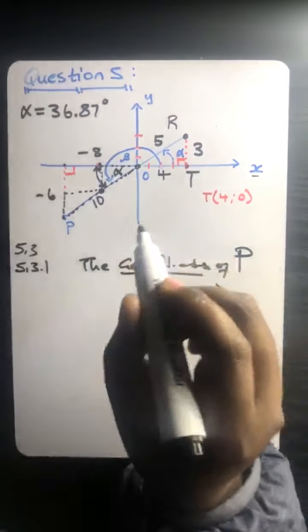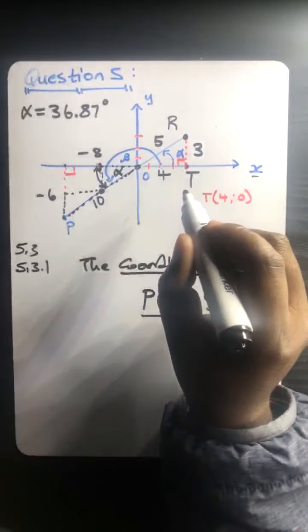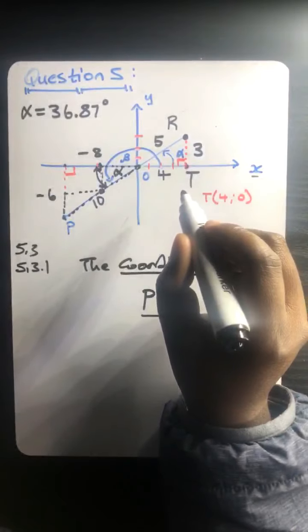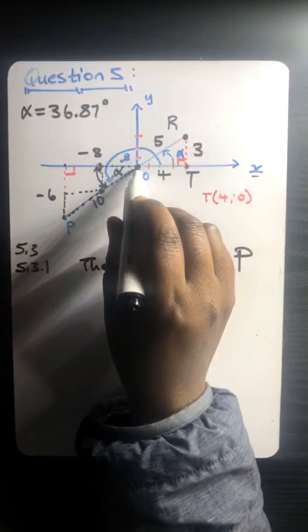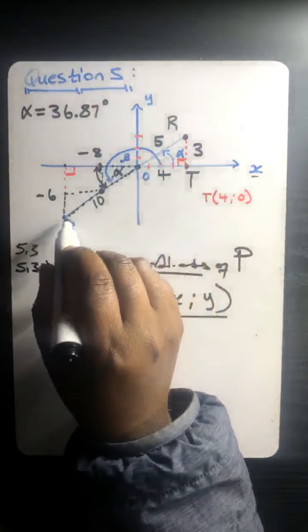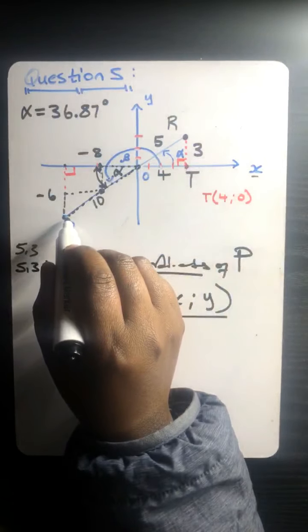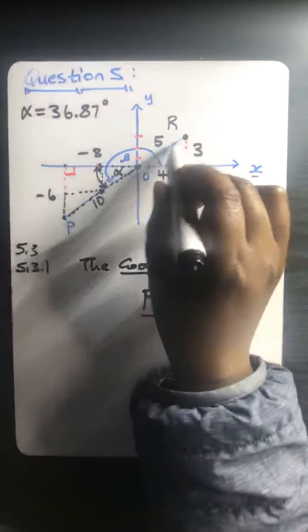we did notice that we have our hypotenuse being 2 times that.